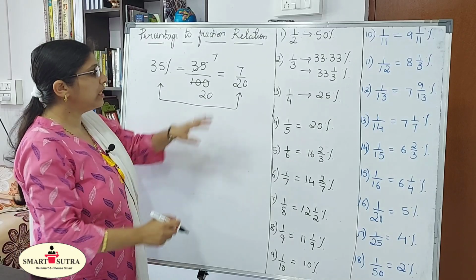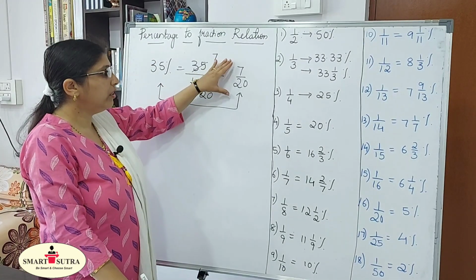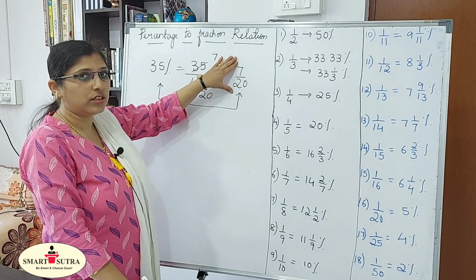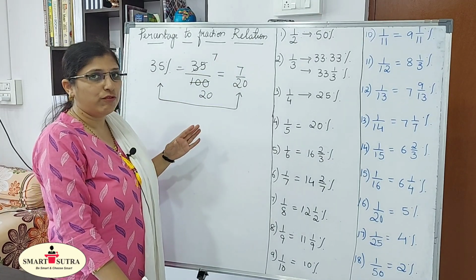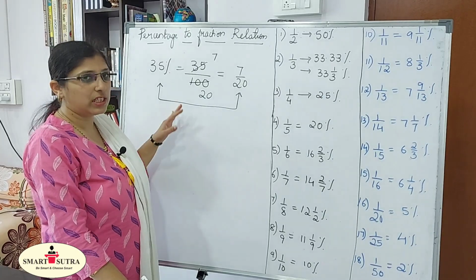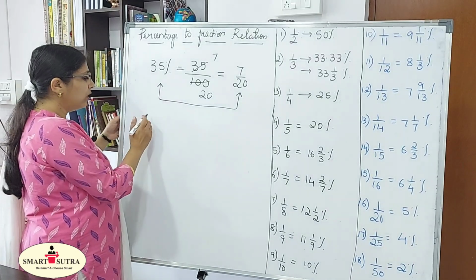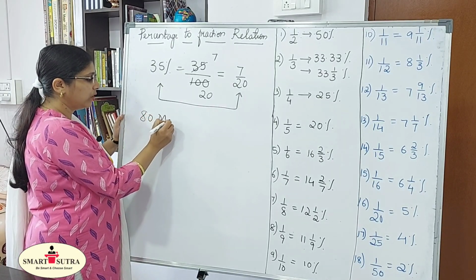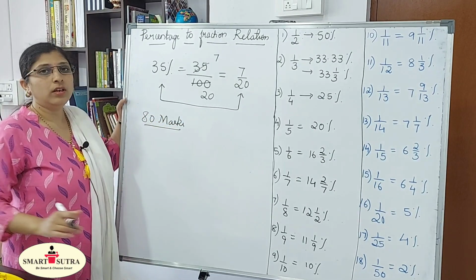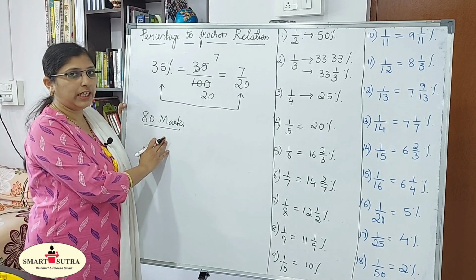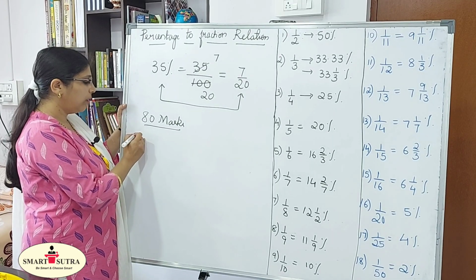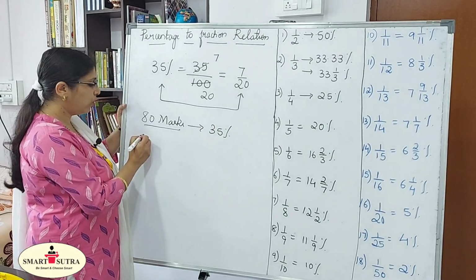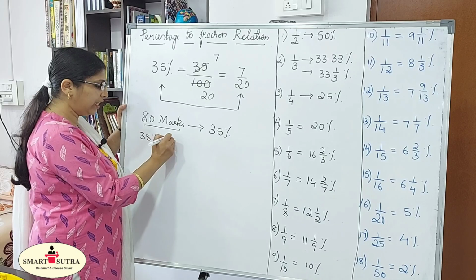If we remember the fractions, using them will be very helpful for us. We'll see how. Now if there is an 80 marks paper, and a person has scored 35% marks, it means 35% of 80.